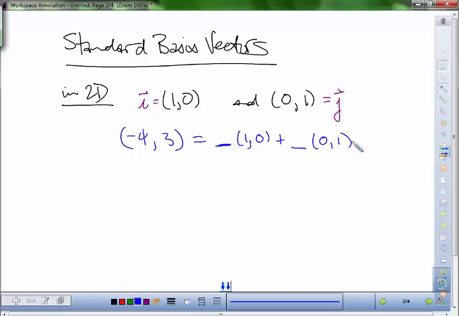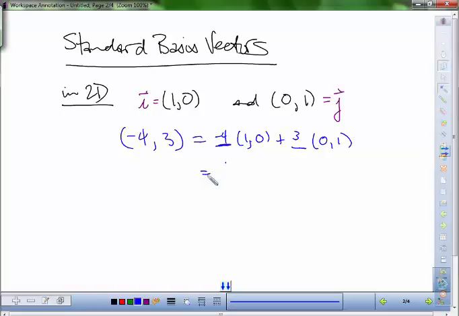They're standard because the numbers that go in these blank spaces are exactly the components. What's the number that goes in the first blank? -4, right? So -4 times <1, 0>, and in the y there's no contribution, and so +3 for the contribution in the y.